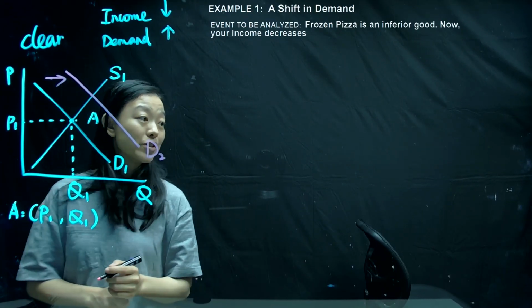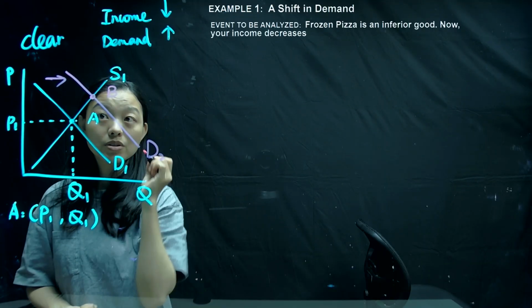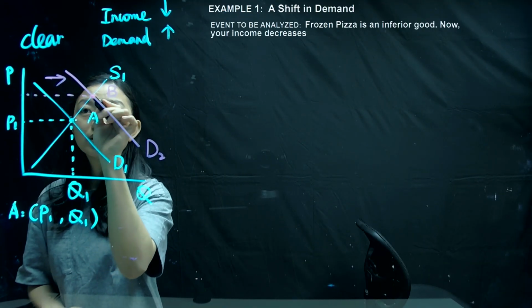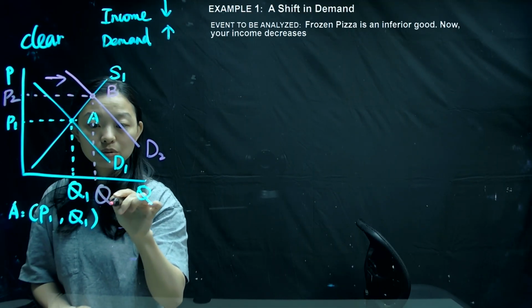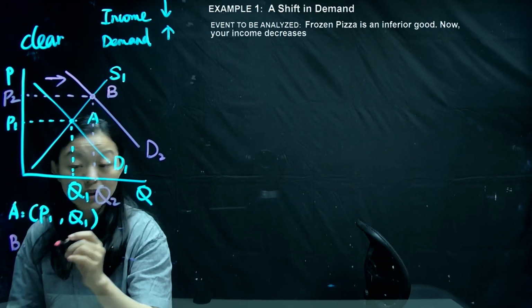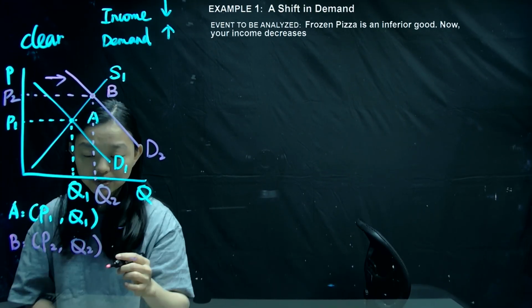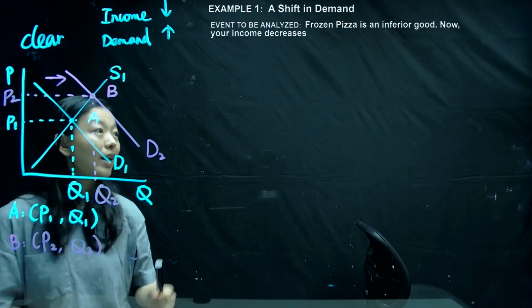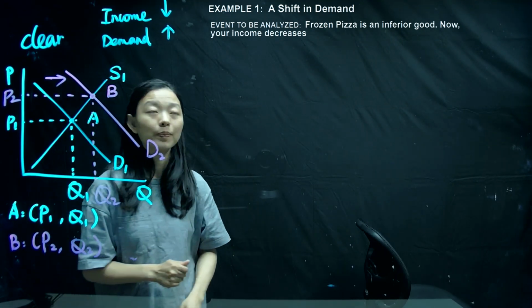And what happens to the new equilibrium? This will be our new equilibrium point. You can mark this as P2 and this will be Q2, okay? So we have the new equilibrium point at point B, with price equal to P2 and quantity equal to Q2. So you can see in this case, I use 3 steps of analysis.